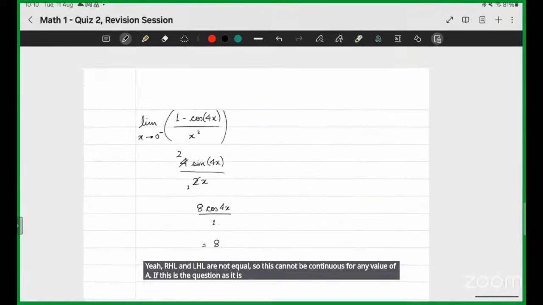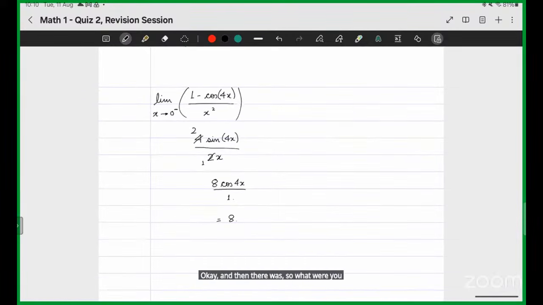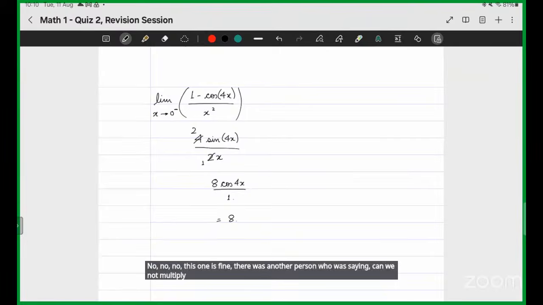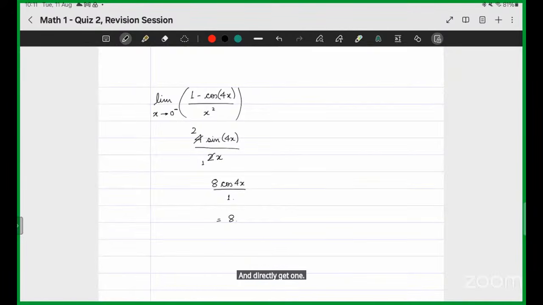Okay, so what were you saying? Multiply by 4. There was another person who was saying, can we not multiply by 4 and continue? Yes, sir, getting the same answer. What did you do? Multiply and divide the numerator and denominator by 4. Of this sine 4x expression?